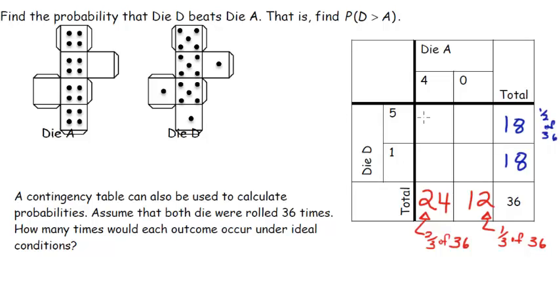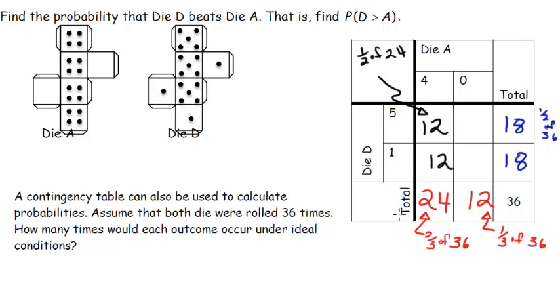So let's say now I'm looking at this 24, and I'm going to come to die D here. Half of the time I'm going to get a 5, and half the time I'm going to get a 1. Let me draw a little arrow here. What's half of 24? I should get a 5 12 times and then a 1 12 times.